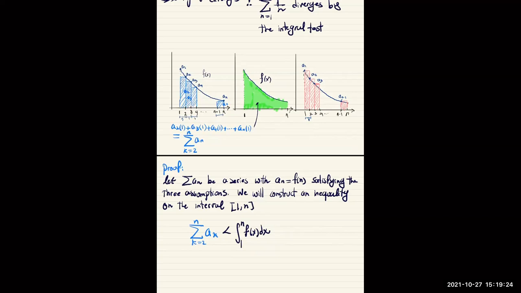And that sum is just basically the sum of the terms of the sequence from A2 to A sub n. As you saw, every one of these rectangles is just the same as a term of the series.